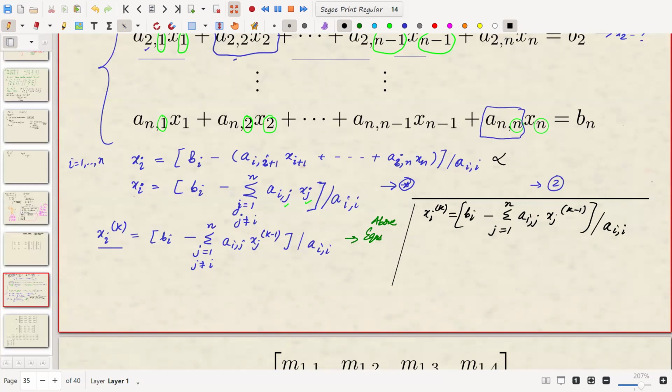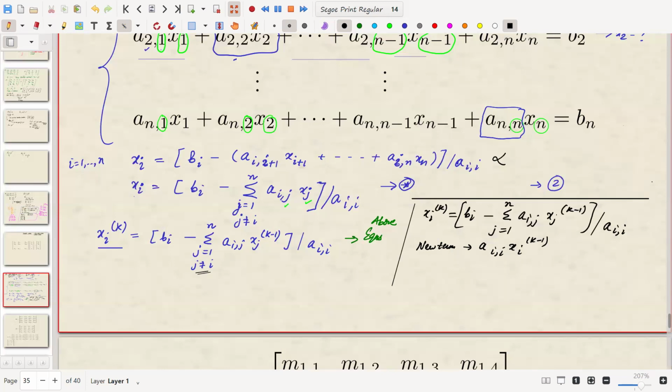Can you see the difference between the two? j not equal to i is not written over here. That means here already you are taking a new term apart from this. And what is that new term? a_ii x_i at k minus 1. That is being added now newly.